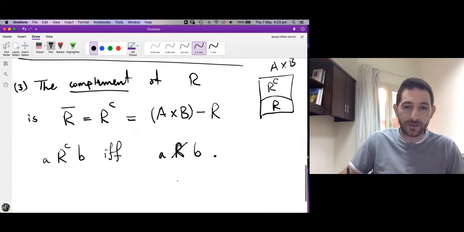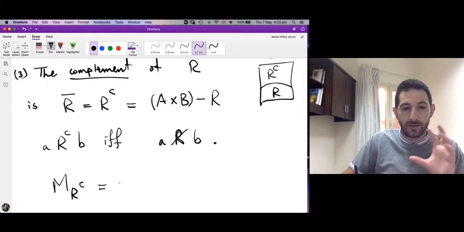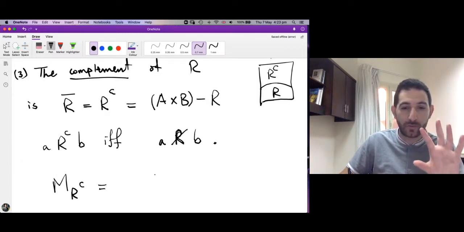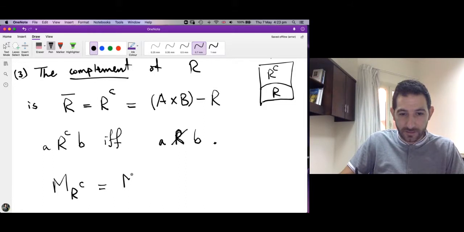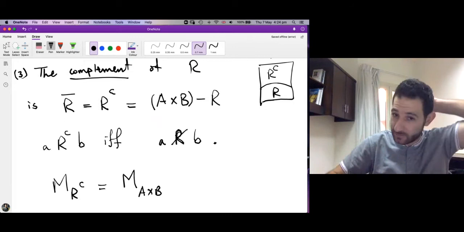Now what do you think is the Boolean matrix representing the complement? It should be obtained from MR by changing ones to zeros and zeros to ones. So I hope you can see that this is equal to M of A cross B minus MR. What is the matrix representing the relation A cross B? A cross B is the full relation. Every element is related to the other.